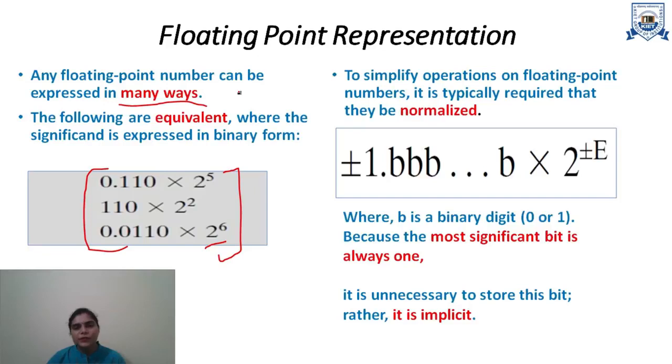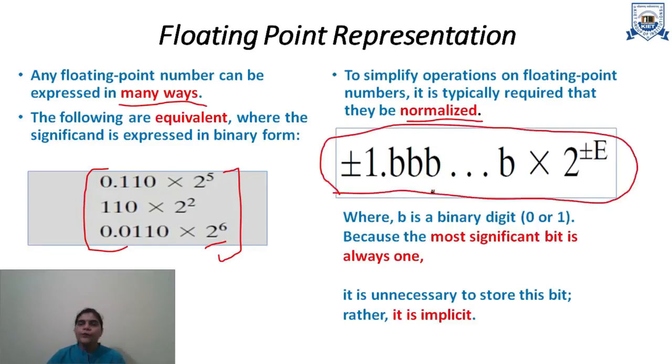So we should have some mechanism to simplify operations on floating point numbers. It is required to normalize these numbers. So we have to normalize these numbers, and we have normalized form like this. We can say that in normalized form, the most significant bit will be non-zero.